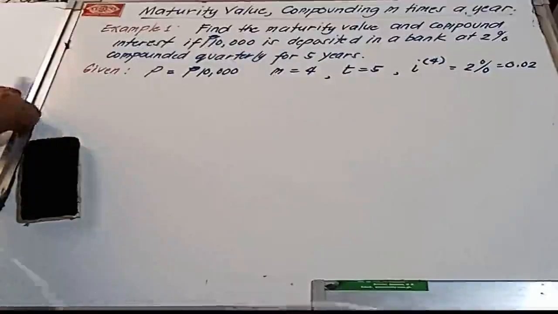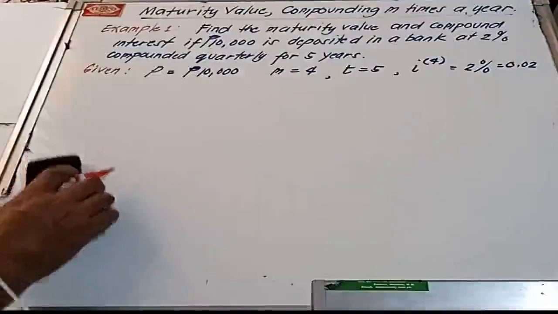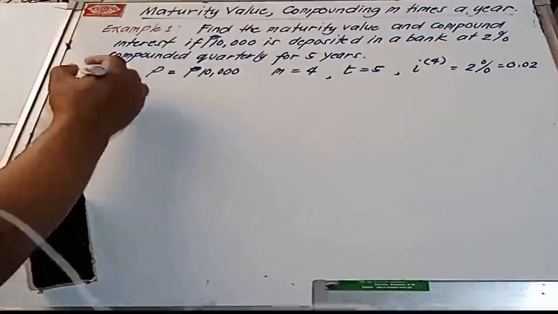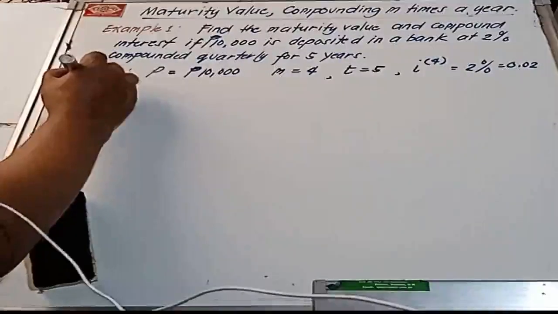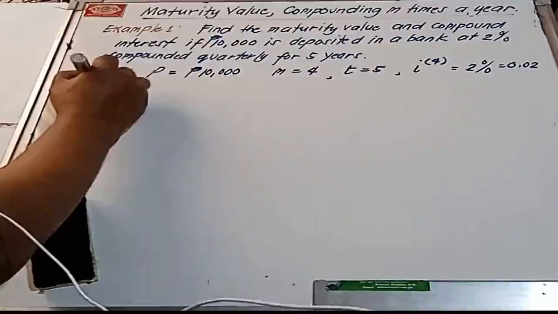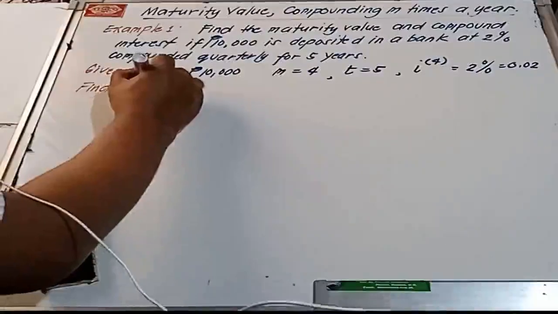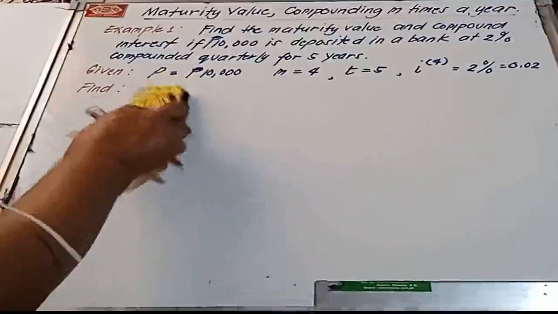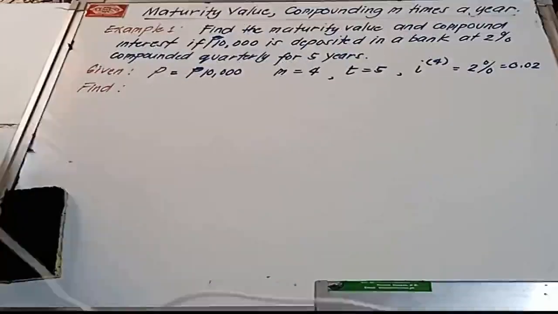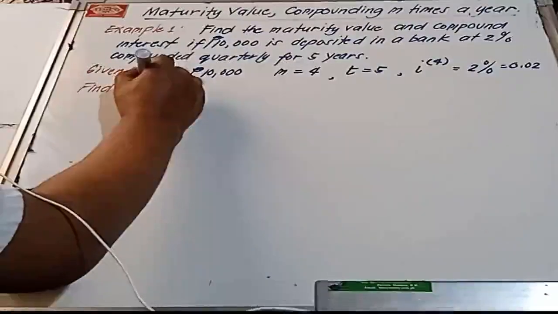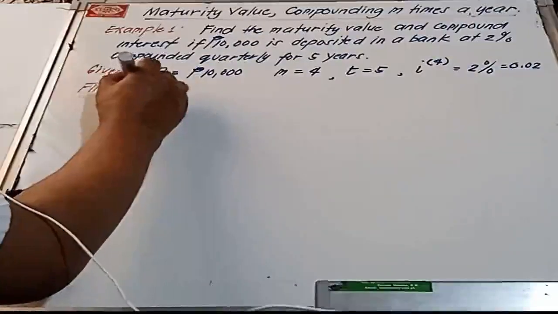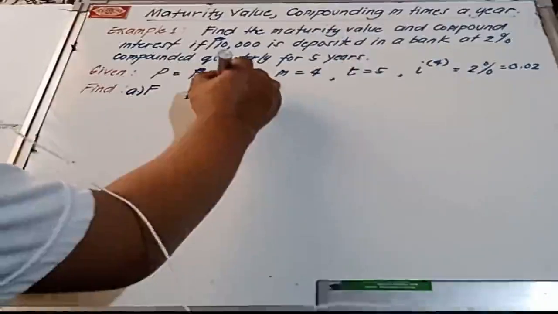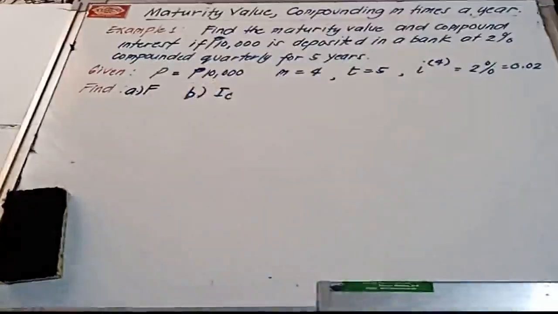So required as a problem is to determine the maturity value and compound interest. So dalawang hinahanap. So we have find F, the maturity value, ito, letter A natin to. And letter B, yung ating compound interest, I sub c.